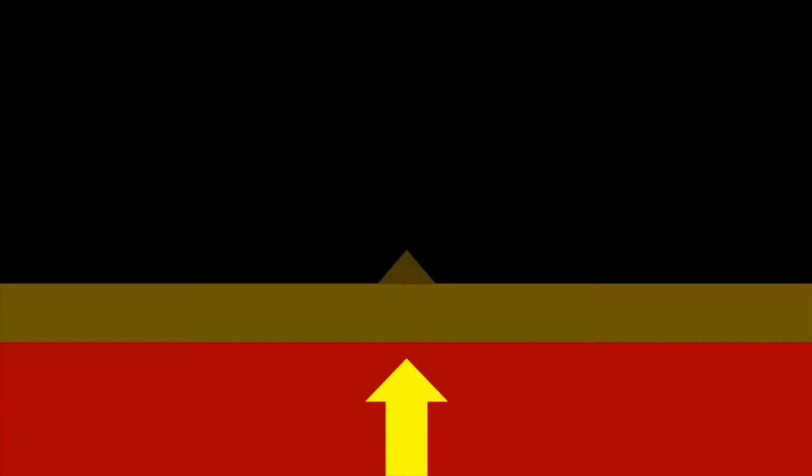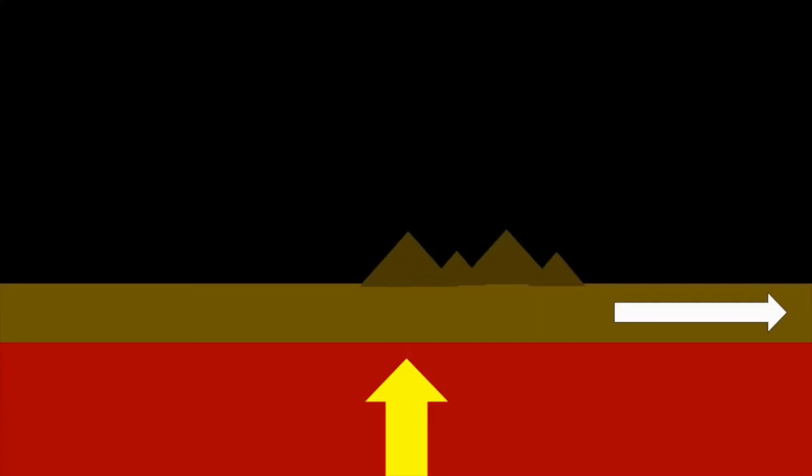This hotspot doesn't move, but the crust does. So as the plates move, the hotspot slowly builds a volcanic range of mountains and potentially volcanoes. Again, this is just a popular theory for ranges of volcanic action, such as areas of Hawaii.